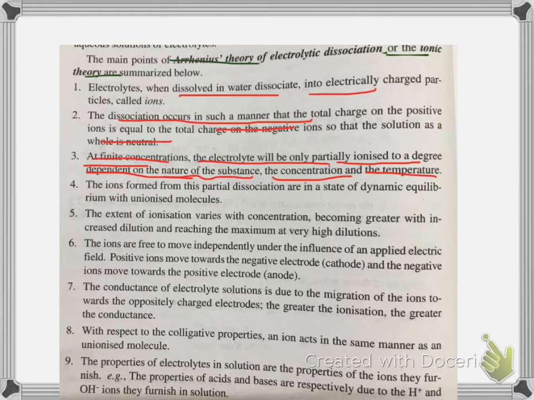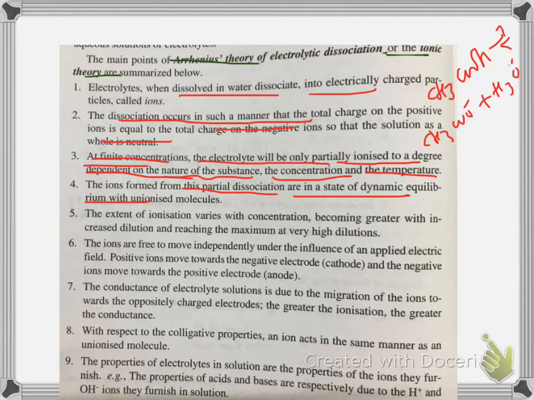Fourth one, the ions formed from this partial dissociation are in a state of dynamic equilibrium with unionized molecules. That means when acetic acid, an electrolyte, is dissociated in water, we will get CH3COO- plus H3O+ or H+.